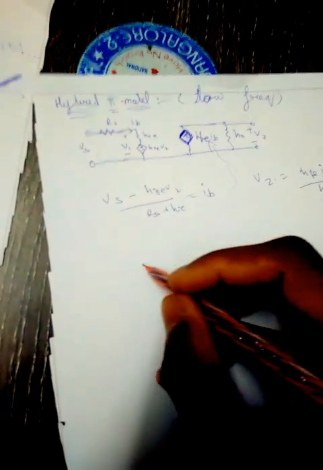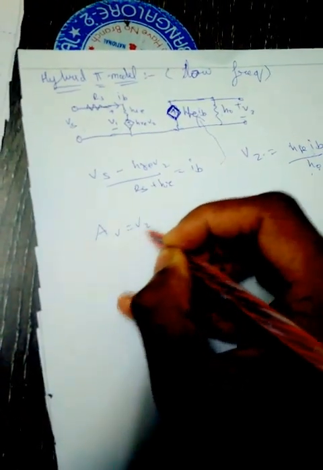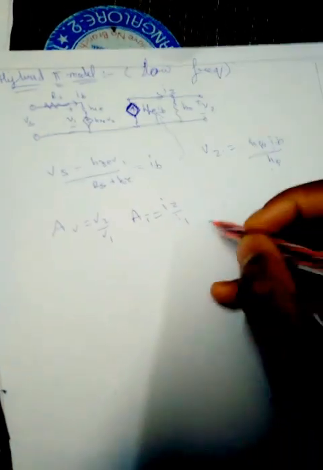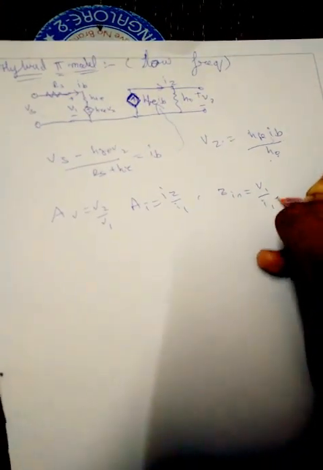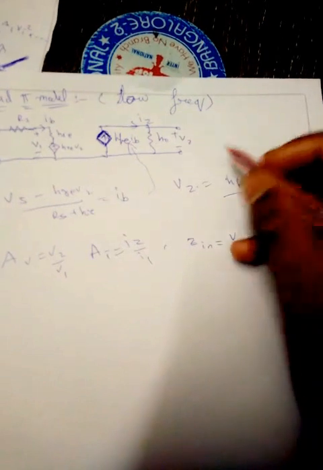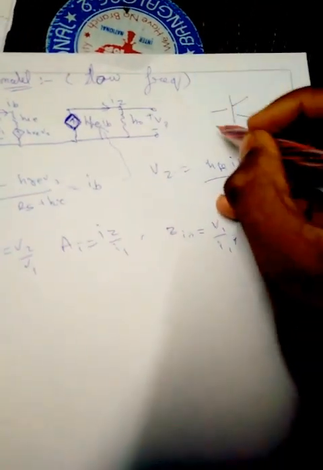From these two, we can calculate various parameters of an AC analysis, like AV equal to V2 by V1, AI equal to I2 by I1, where I2 is this, Zin is V1 by I1, Zo is V2 by I2. This is the AC equivalent resistance. Before going to the next topic, this is the equivalent resistor of the transistor.